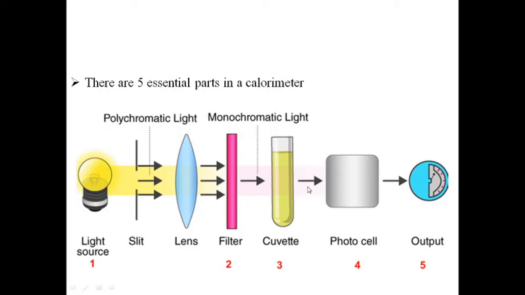And through the first equation that we saw, I0 is equal to IR plus IA plus IT. So this IT is going to fall on this photo cell. This is the photo detector device, and once the light falls on it, this device is going to convert this light signal into an electrical signal.